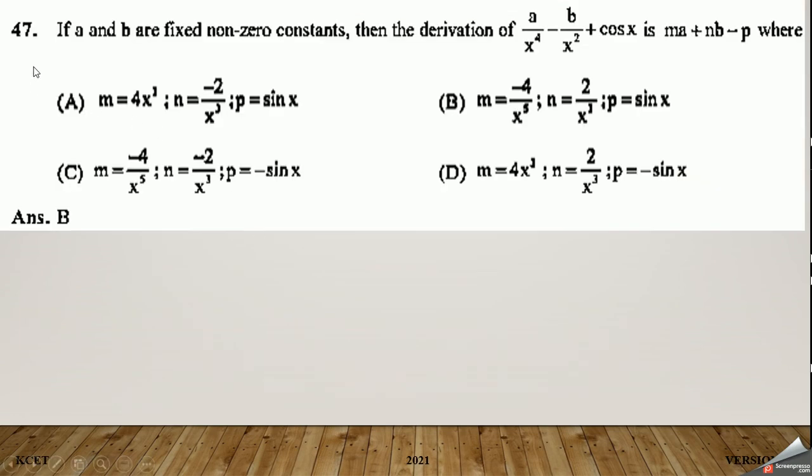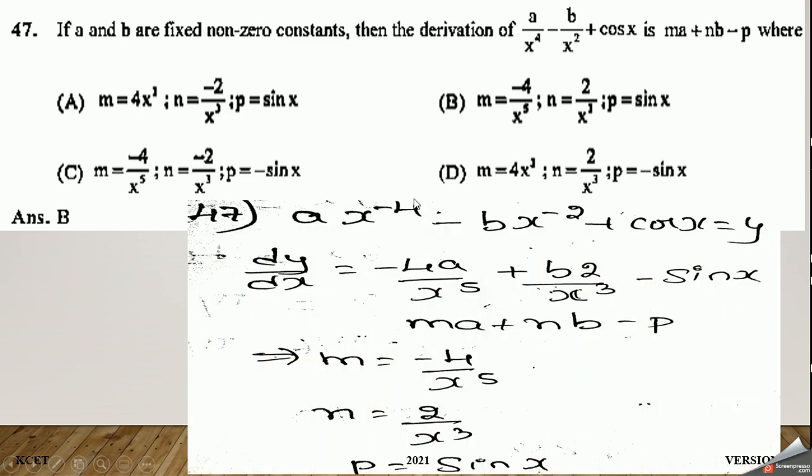Coming to this, if A and B are fixed non-zero constants, then the derivative is MA minus NB minus P, where, let me differentiate this. Already we have the standard form for this. You are going to get this derivative as minus 4 by x to the power of 5 into A. Then already I have minus here, minus into minus plus 2 by x cube into B. Derivative of cos is minus sine x.